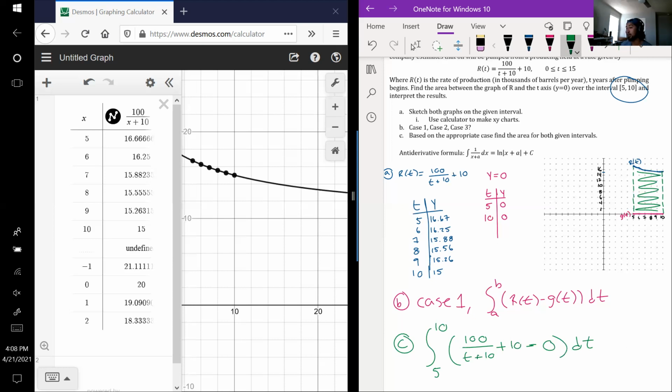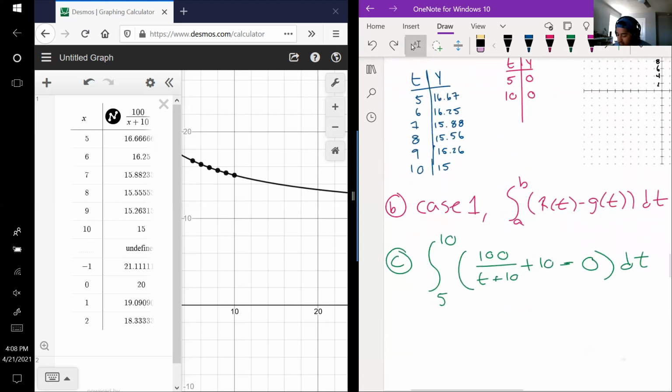Okay. So now we definitely have some cleaning up to do. Oh yeah, and we have a new antiderivative formula that's above. So we're going to use that today. So this says the integral of 1 over x plus a dx is equal to the natural log of the absolute value of x plus a, plus c. So this formula is going to come in handy once we clean up this integral. Or maybe we don't even have to use it at all since we're using a calculator, right?